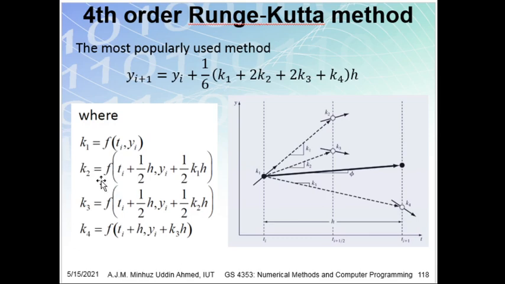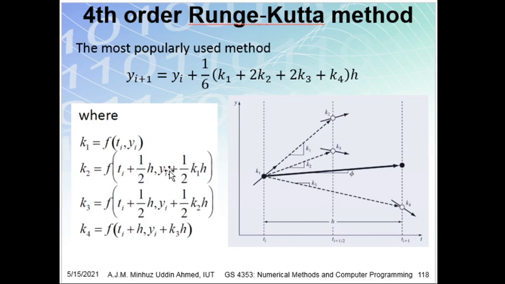points are there. As you can see, these points are t_i plus half h, y_i plus half k1 h. That is, based on this k1 we take another point, and while this is the midpoint, we take y at different points. We take x at the same point, but we take y of different values to get the slope.